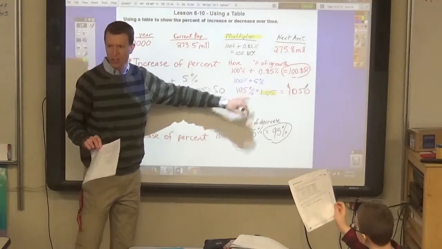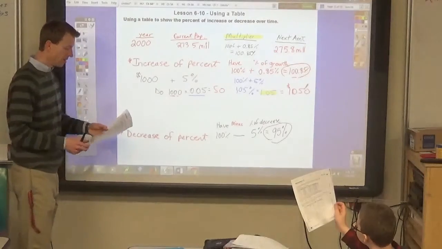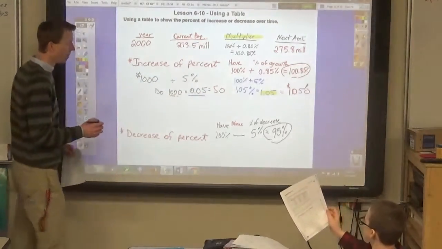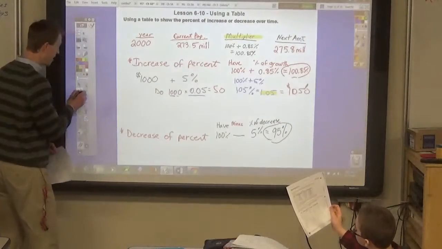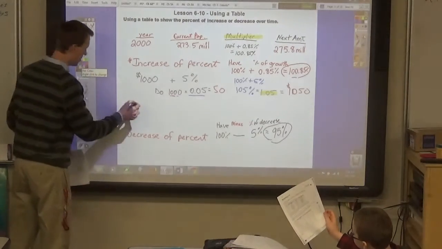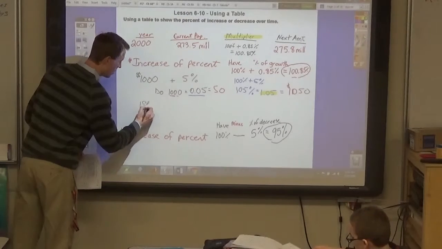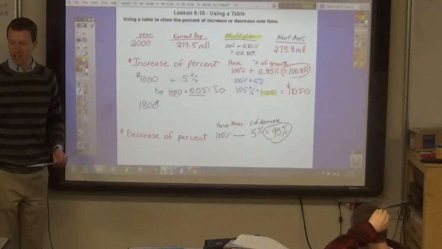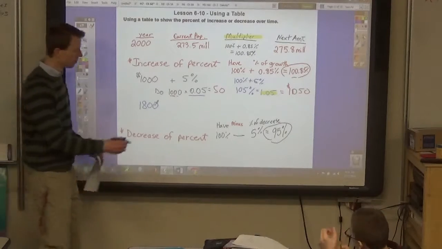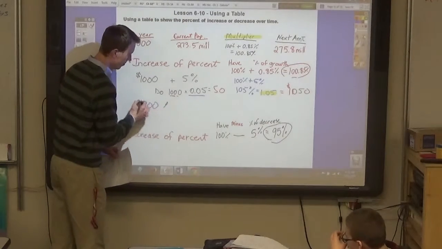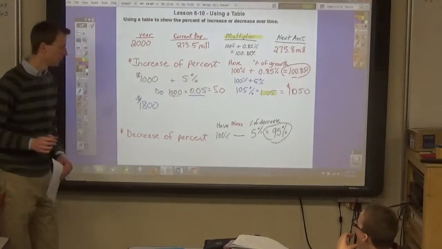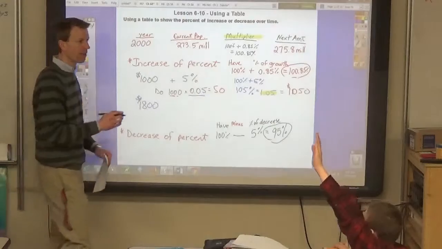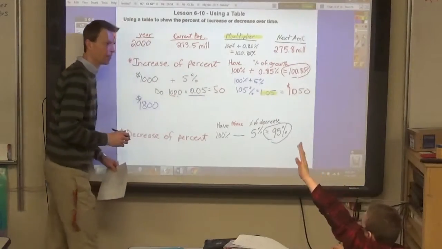All right. Let's do this first one together. At the bottom of the reteaching worksheet, number 1. So starting with $1,800 instead of $1,000. How would you find 5% of 1,800? Luke?